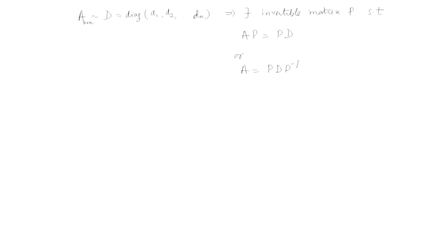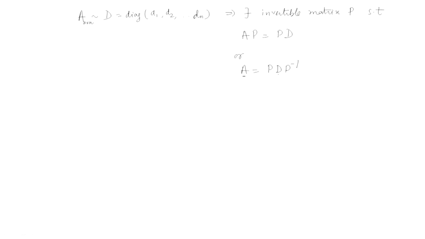Now, we know that eigenvalues of similar matrices are the same. This we have already proved. And D is a diagonal matrix, and the eigenvalues of a diagonal matrix are nothing but the diagonal elements itself.